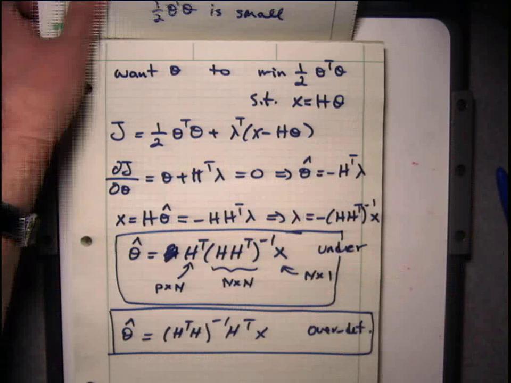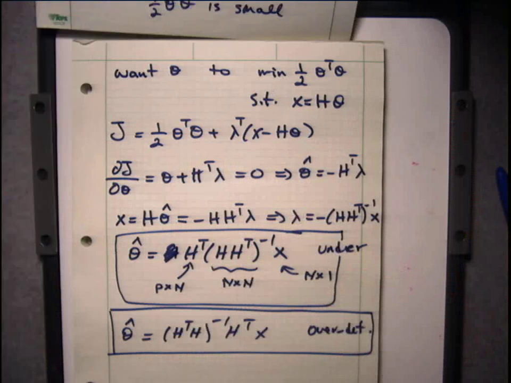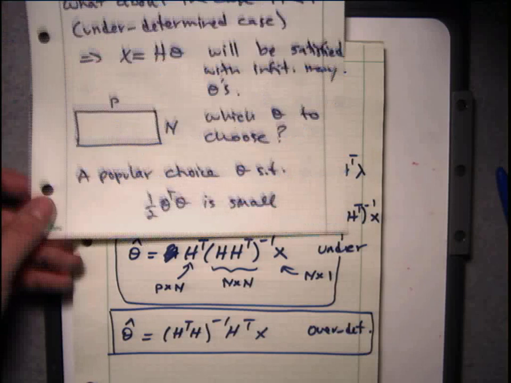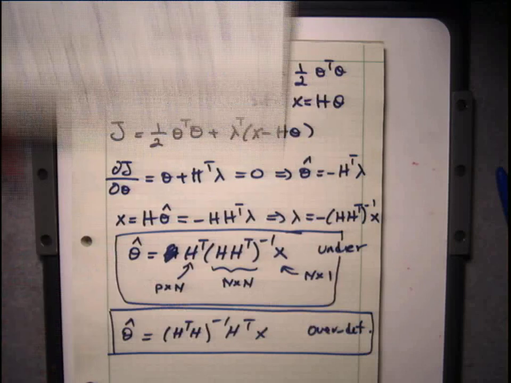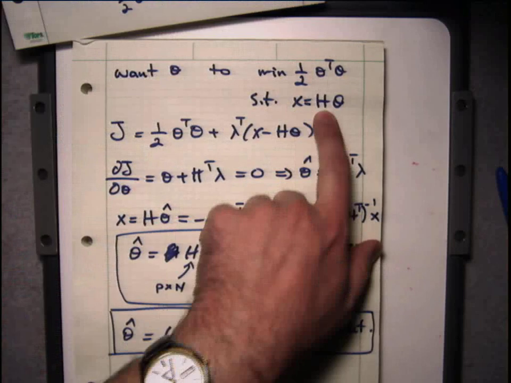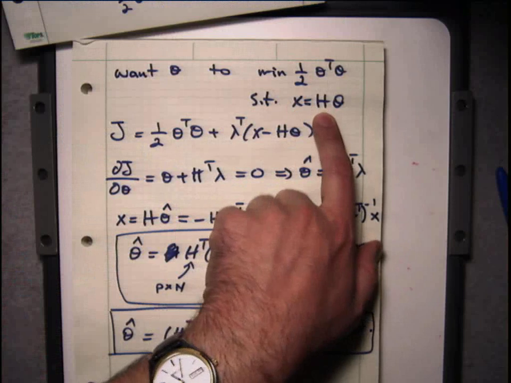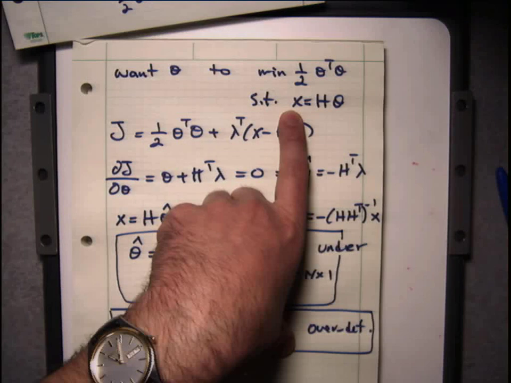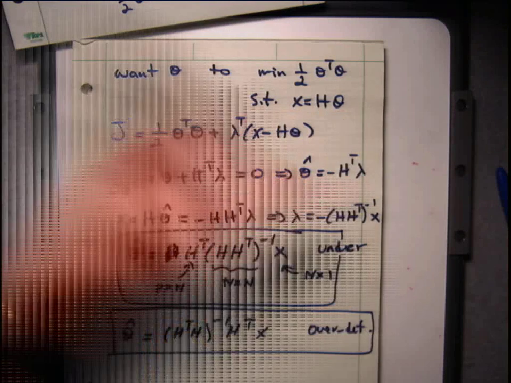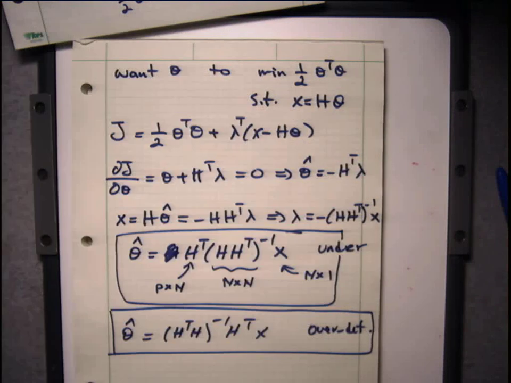Excuse me. Why don't you consider the noise term here in the overdetermined case? Well, the point here is that because of the dimensions of H, even if X has noise in it, you could still pick theta to exactly satisfy this equation. Do you see what I mean?